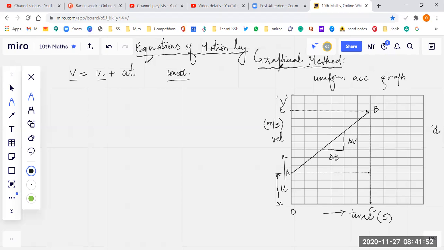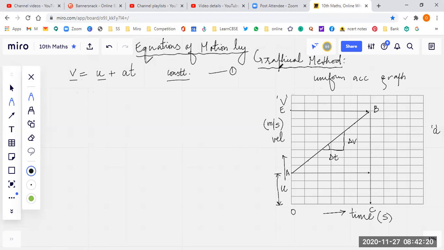This ratio means the inclination of the line. In other words, the slope of this line is the same between any two points, whether you take A and B or very close points. It means the particle is moving with uniform acceleration. So V is equal to U plus At is the first equation we want to derive.